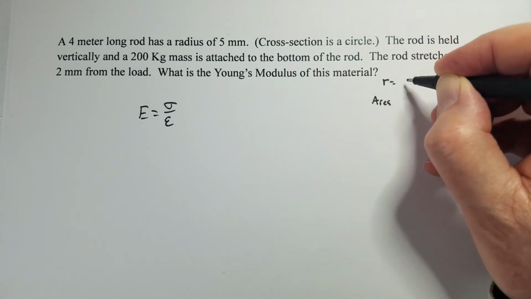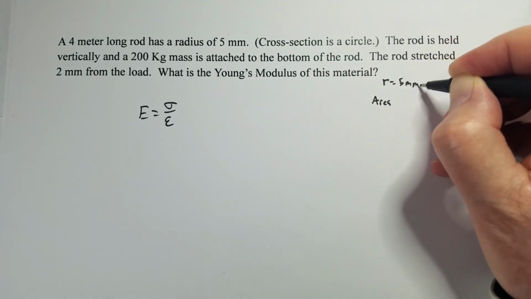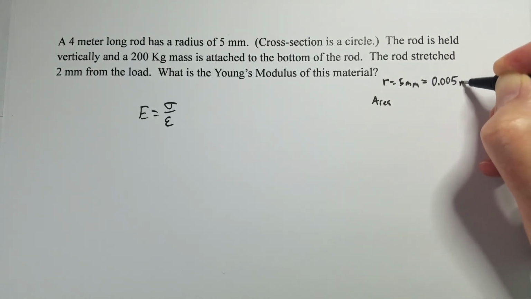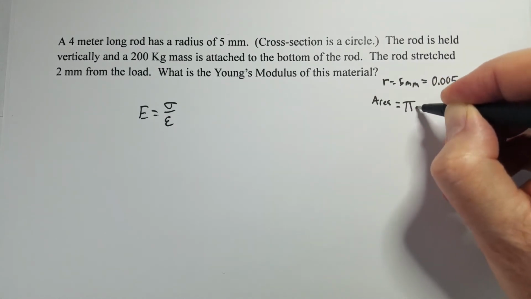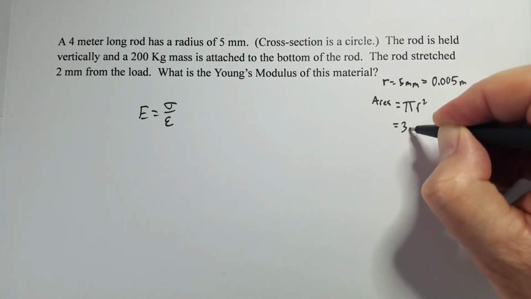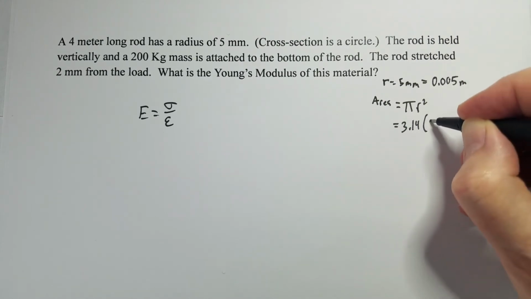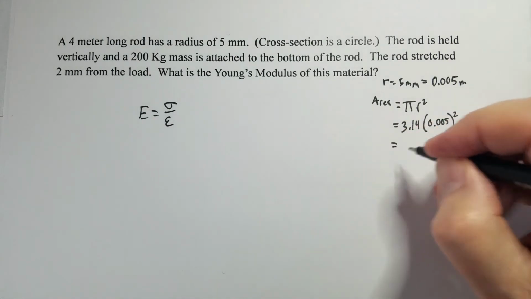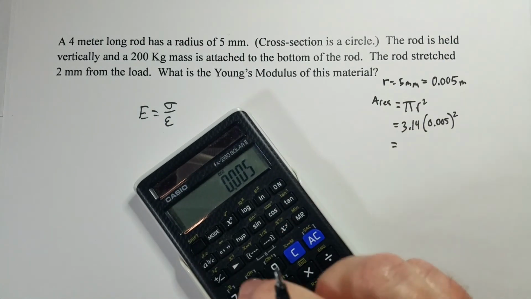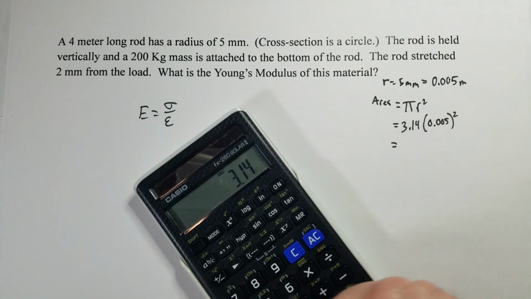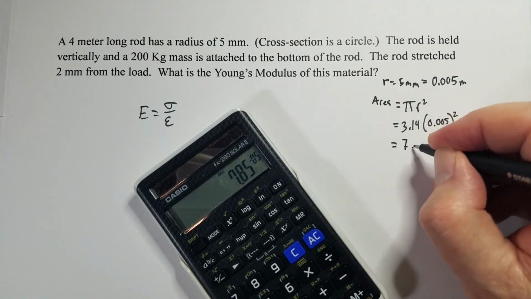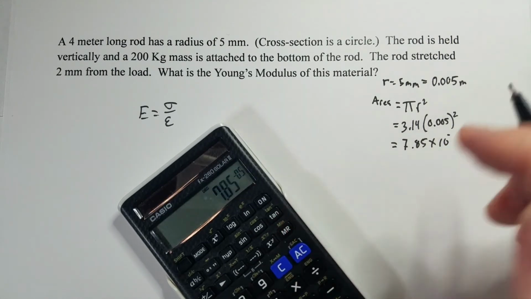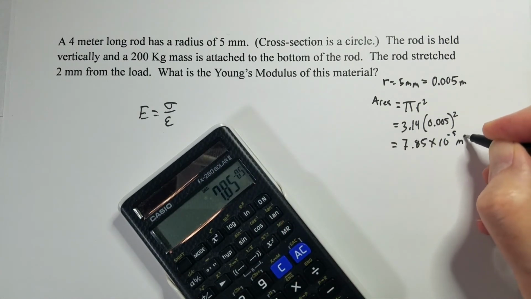So the radius is 5 millimeters. Again, I want to change that to meters. So that's pi r squared: 3.14 times 0.005 squared. That gives 7.85 times 10 to the minus 5 meters squared.